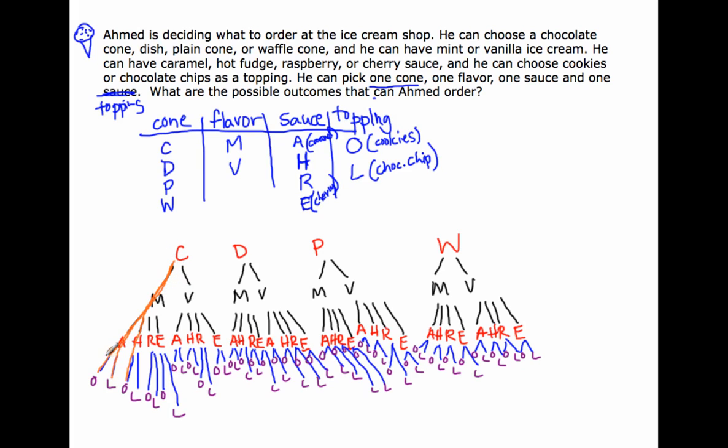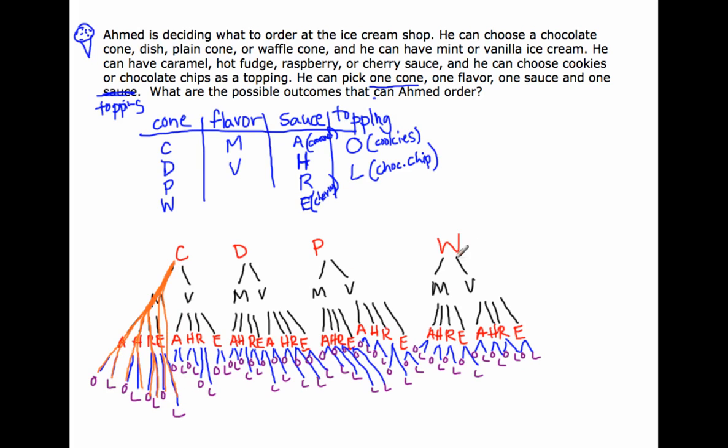And if I've already taken care of one entire branch, I'm just going to branch out to the next one. C hyphen M hyphen H hyphen L, C hyphen M hyphen R hyphen O, C hyphen M hyphen R hyphen L, C hyphen E hyphen O hyphen L, and you get the point.